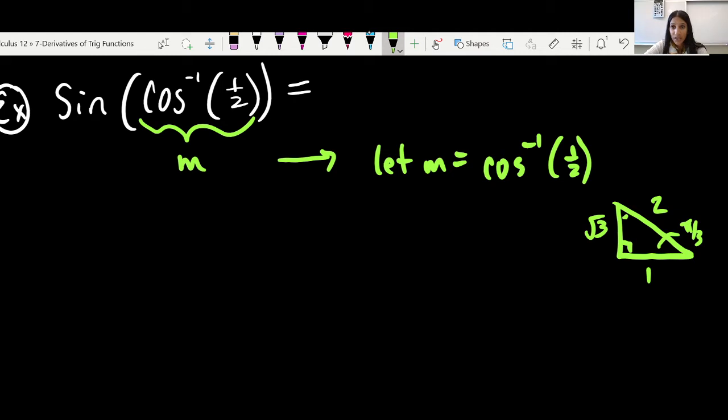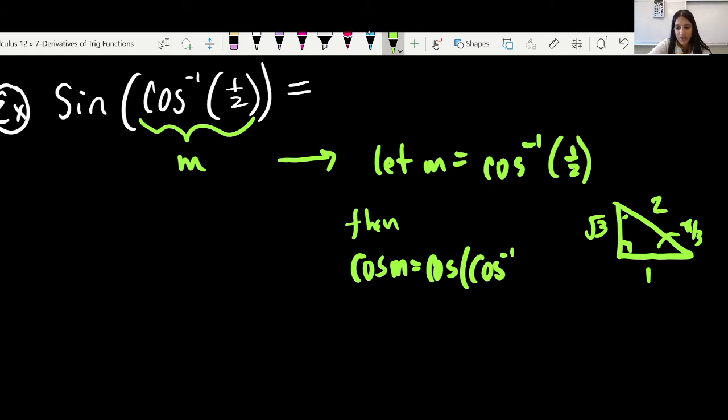So if we're dealing with the inverse cos of 1/2, then cos of m is equal to, sorry, I'm going to write it below. Cos of m is equal to the cosine of inverse cos of 1/2, like this. Sorry, you can't even read that. Let me rewrite that so you're able to read it.